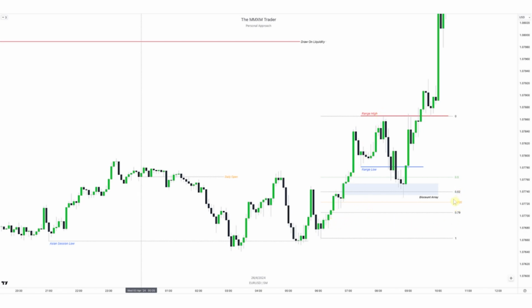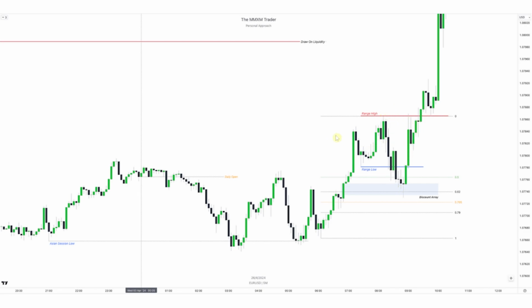We can see the OTE levels over here. We've got a nice discount array, this fair value gap, right? And then spot this range low and this range high, which gets created before hitting that key level down here, right? So what we want to do is pair up the sell stops and push price up higher and pair them up with the buy stops, right?